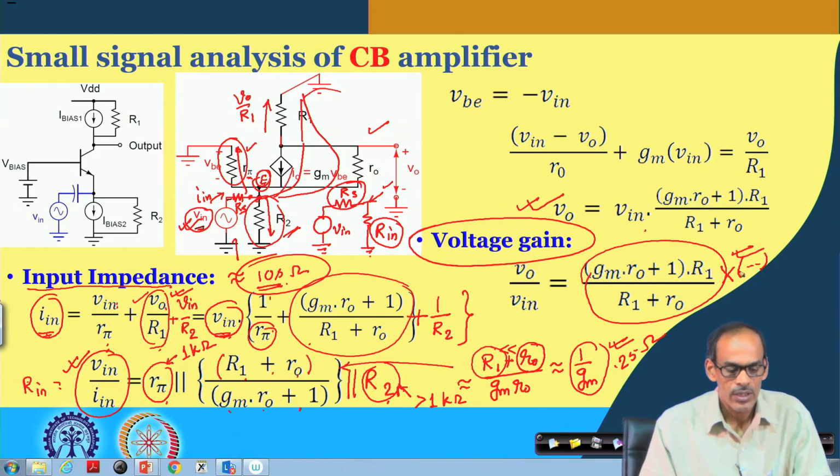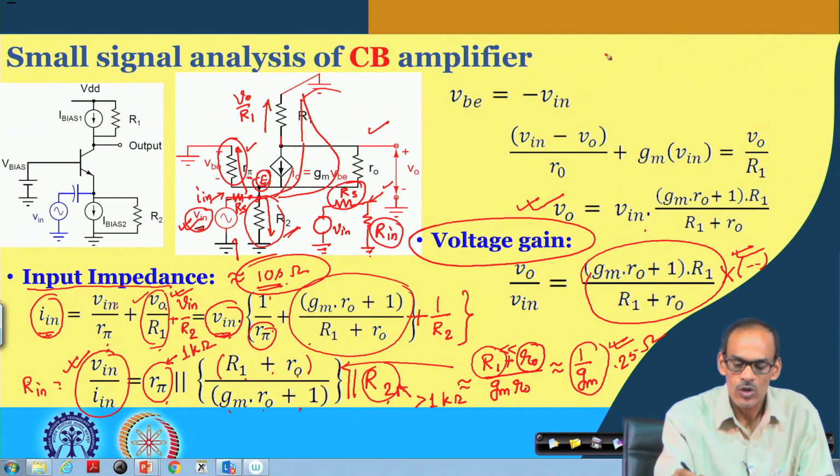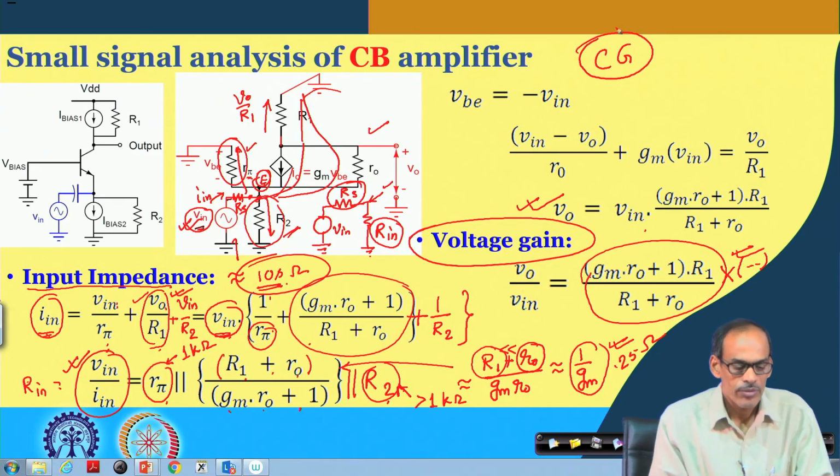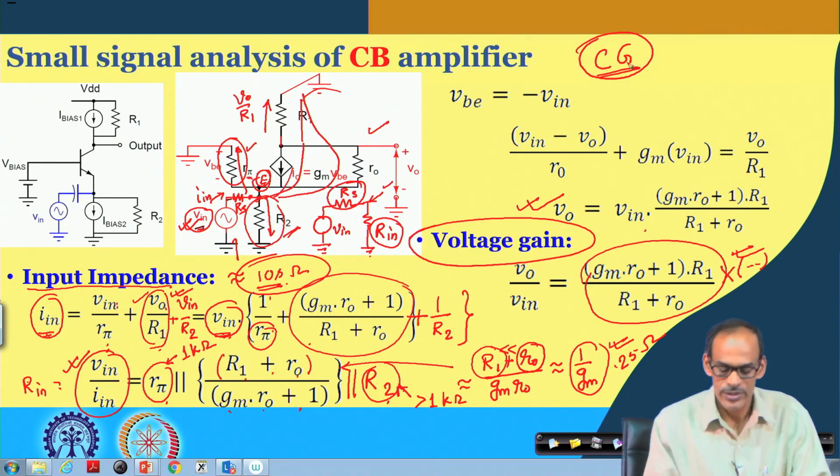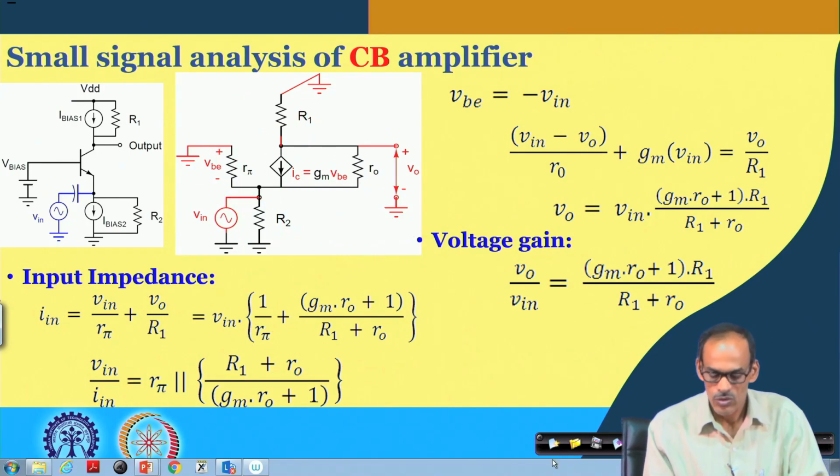Before that, let me consider the common gate configuration, because the analysis we have done so far for the BJT version is, to quite an extent, applicable for the common gate amplifier. So, let me go into the common gate configuration.